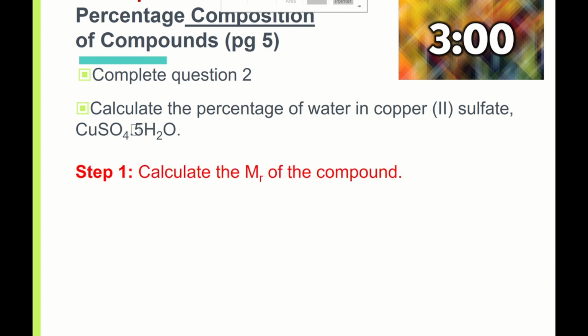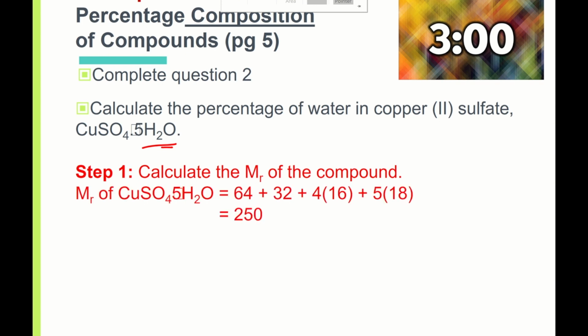In this case, I have copper(II) sulfate and I need to take into account the water, as there are water molecules bonded together. So I calculate my Mr: 64 plus 32 plus 4 times 16 is for the copper(II) sulfate, and 5 times 18 is for the 5 water molecules. So the total Mr is 250.